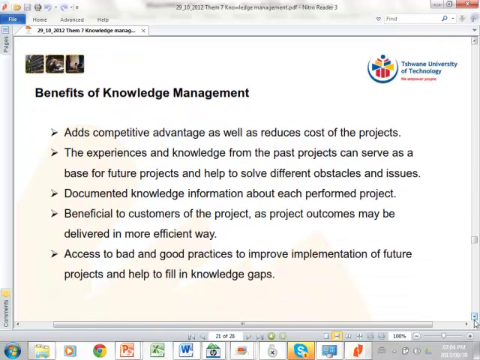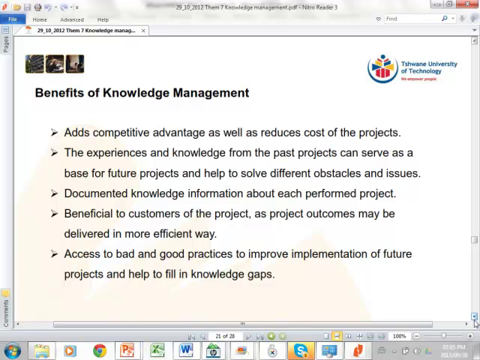Okay, so this is basically the same information as on that slide where we said, why do we manage knowledge? Because it's about the competitive experience, the fact that the experiences and knowledge from past projects can serve as a base for future projects and help solve different obstacles and issues.